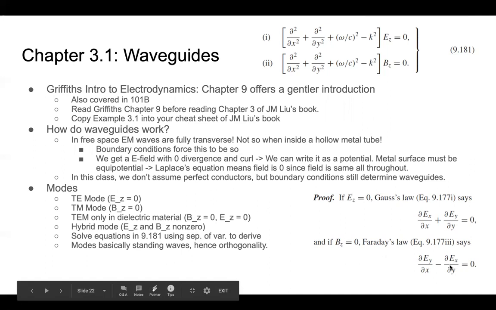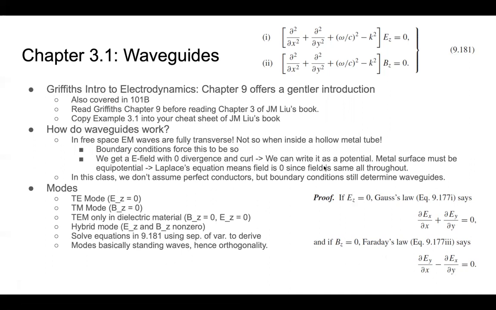So we get an E field with zero divergence and curl, so we can write it as a potential. The metal surface has to be an equipotential, which, if we then use Laplace's equation, means the field has to be zero because the field has to be the same throughout. So it's basically a consequence of the boundary conditions inside of a waveguide for why the field can't be transverse.